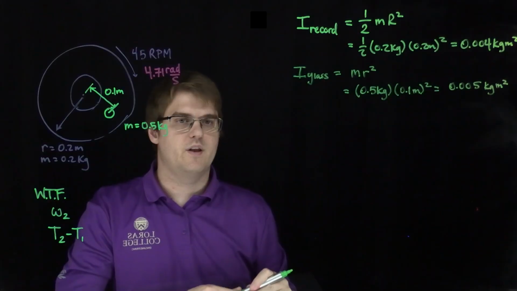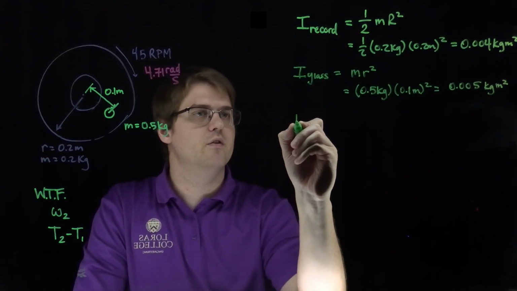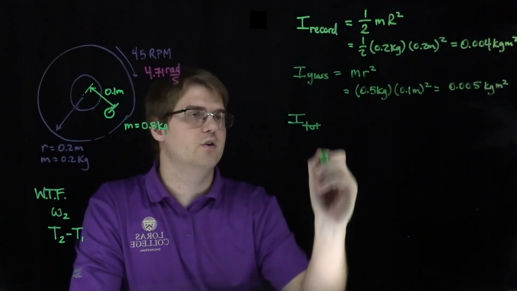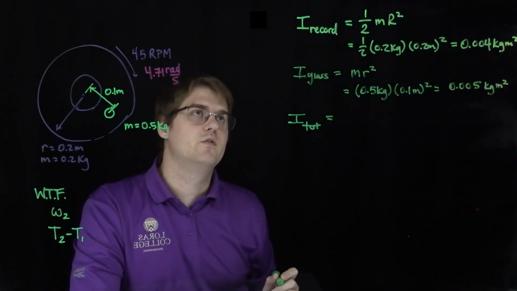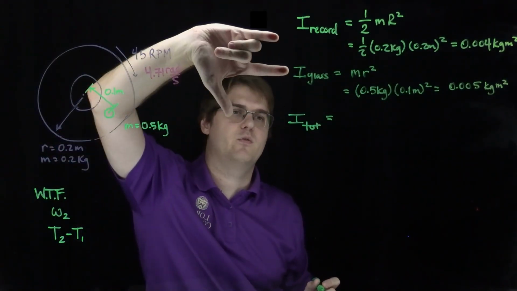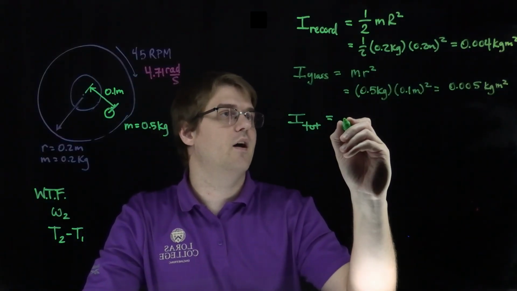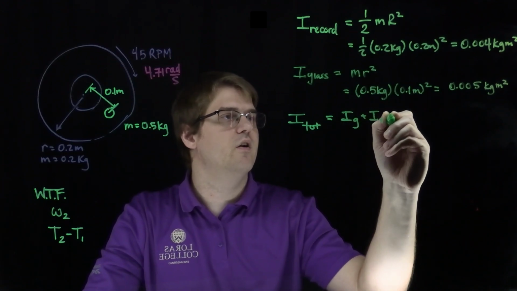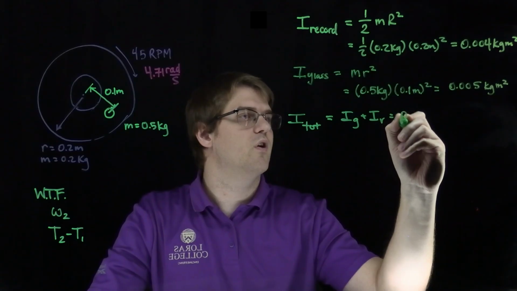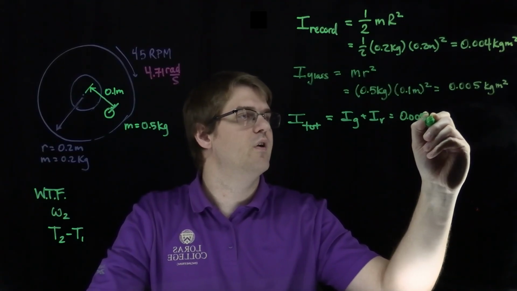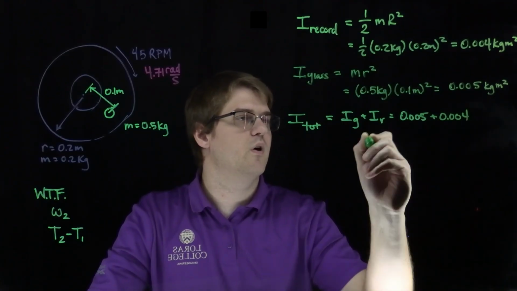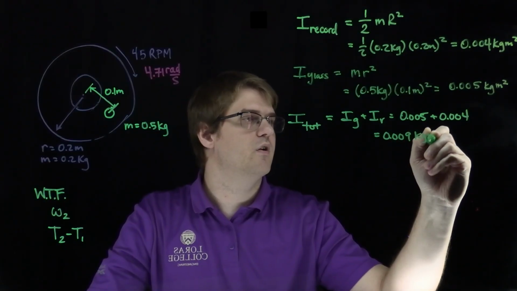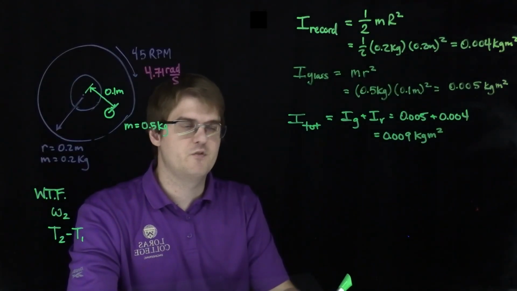And that means that I can now find my final inertia, so total inertia. Initially it's just the record. Afterwards it's both of these, and our inertias are going to add up. So it's I of the glass plus I of the record, which is 0.005 plus 0.004, so 0.009 kilogram meter squared. Perfect.